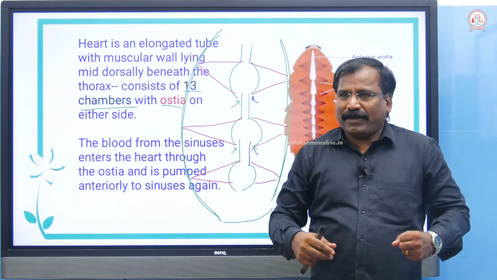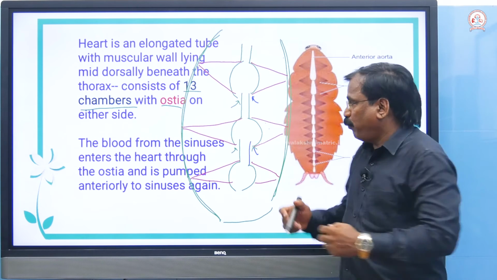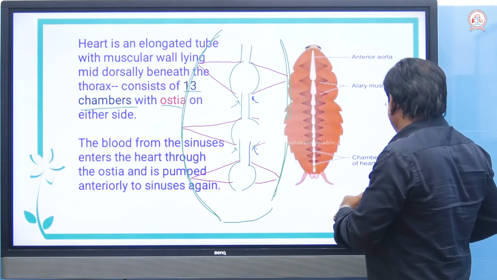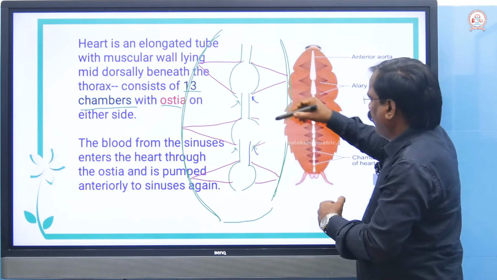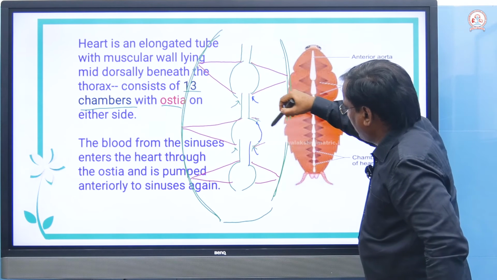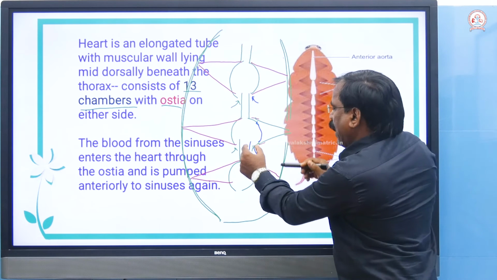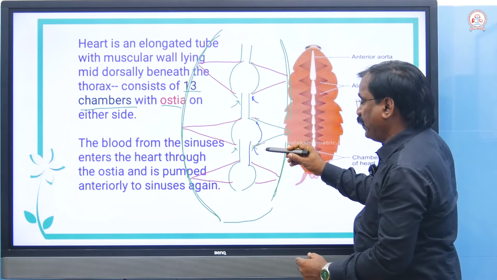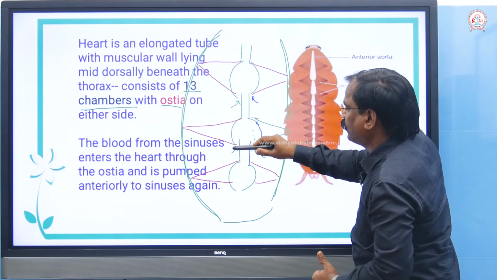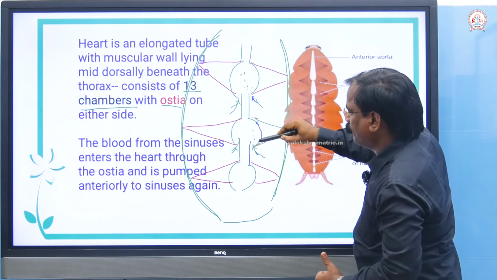Body contract ஆகறப்ப என்ன பண்ணும், alari muscles are pulled. Listen, இந்த alari muscle pull ஆகும். Pull ஆகறப்ப இந்த கேப் இருக்கு பாருங்க, இந்த ostia opens. So ostia opens, அப்ப blood, that is hemolymph enters. புரியுதுங்களா, இந்த சைடு வழியா through the ostia blood வந்து enter ஆகும்.